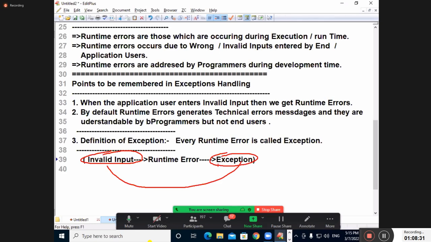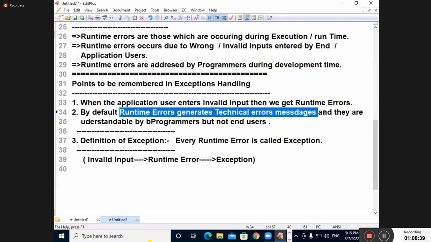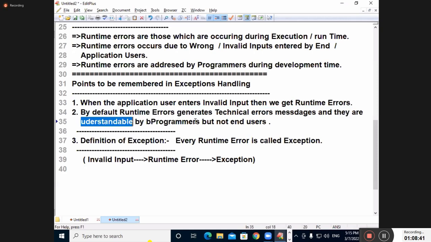Once again, when the end user enters invalid input, what is the error? Runtime errors by default generate what? They are understandable by whom, but not by whom? Excellent. What is the definition of exception? Every runtime error is called an exception. Very good. What is the equation?